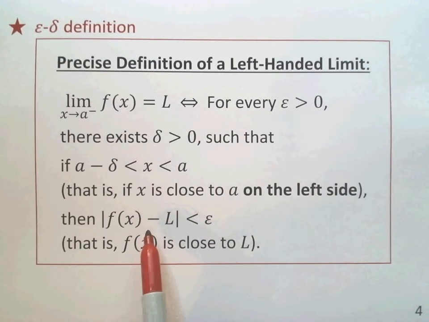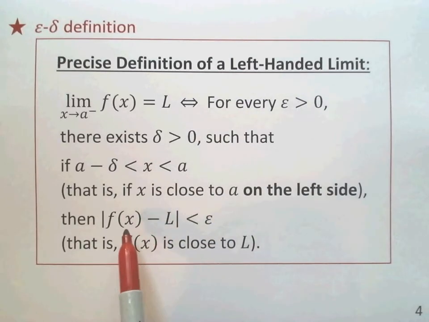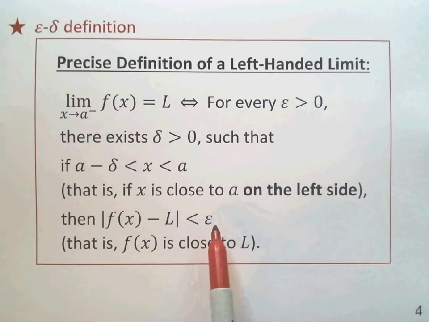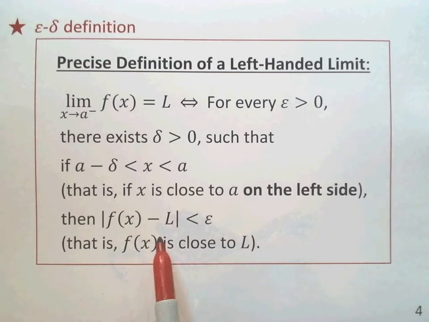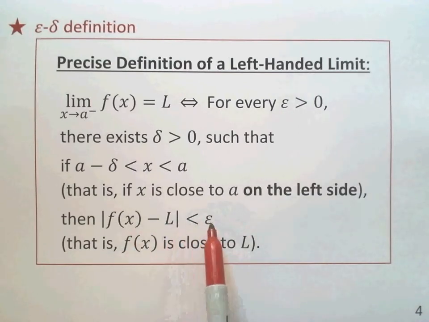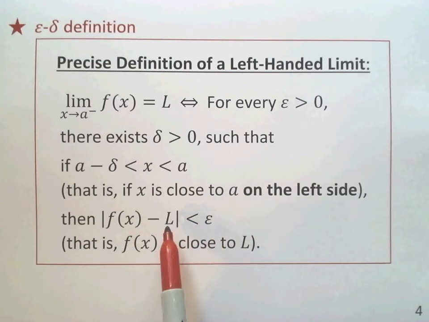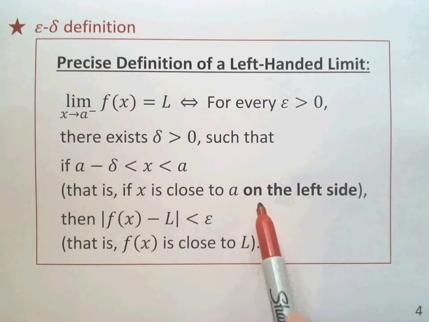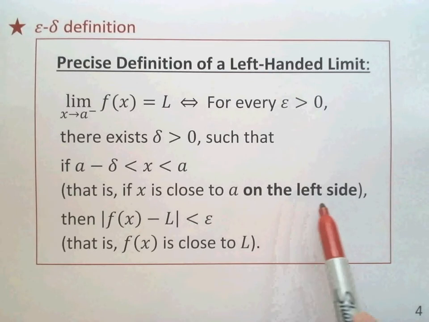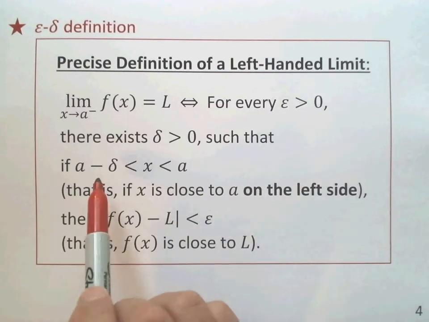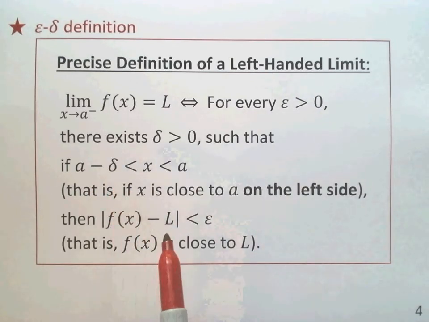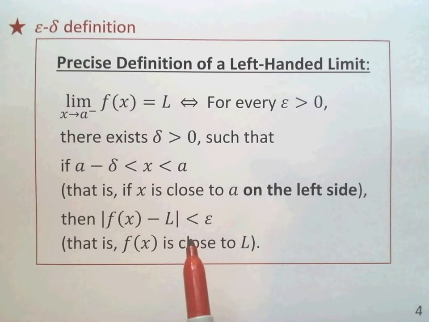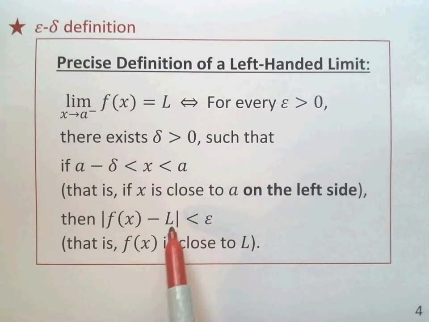And then we look at this statement, which means the difference of the function and L is less than epsilon, which means f is close to L arbitrarily. Or we say f is going to the epsilon neighborhood of L. So it's very similar. The difference from the right-handed is here on the left side. Here it is still the epsilon neighborhood of L.